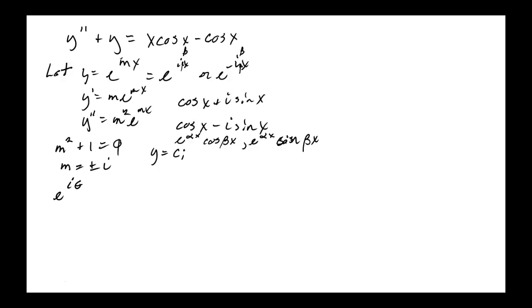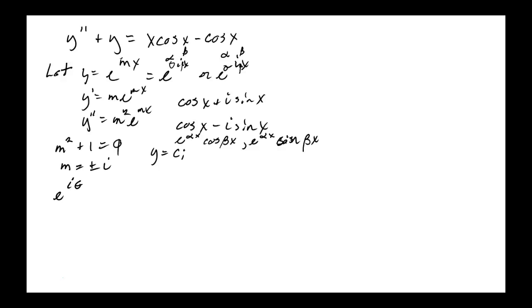Finally, okay, I had it buried in here. The alpha is the real part of the M. In this case, it's 0. So alpha is 0, and beta is the coefficient of your x. Okay, your M, you might say, except you've got the I in there too.